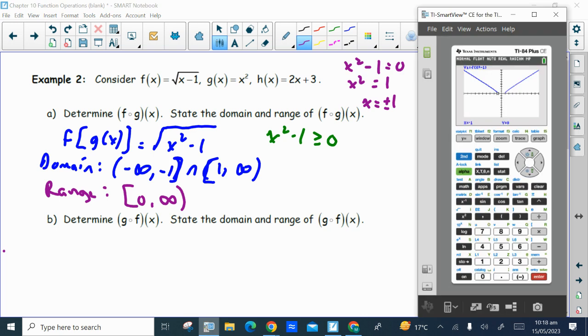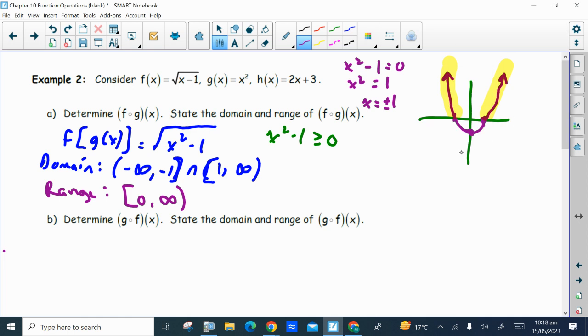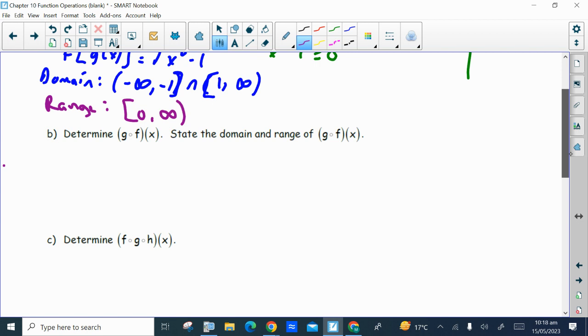We're finding the domain and range of that graph, but we use this graph over here to get our domain. Then we want to find g of f at x. So now f is embedded into g.